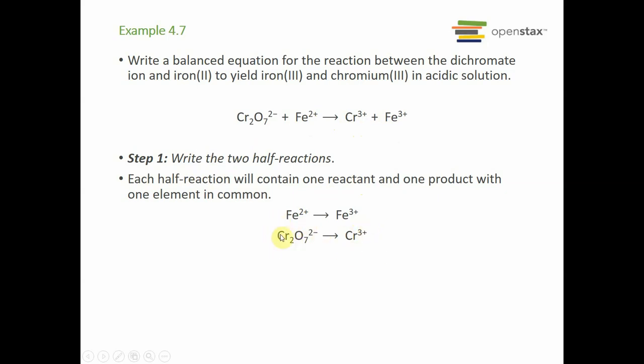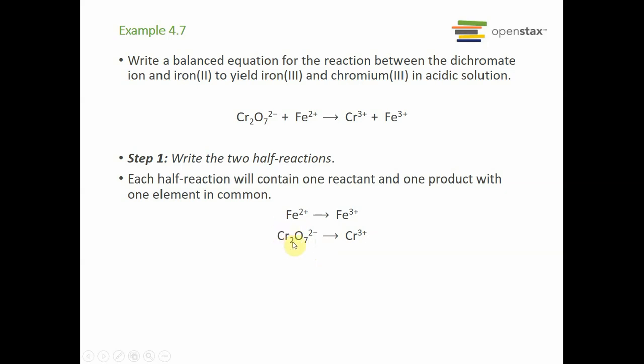It would help to know what the oxidation state of chromium here is. It's 7 times minus 2 is minus 14, and minus 2 is equal to minus 14 plus 2 times the oxidation state on the chromium.